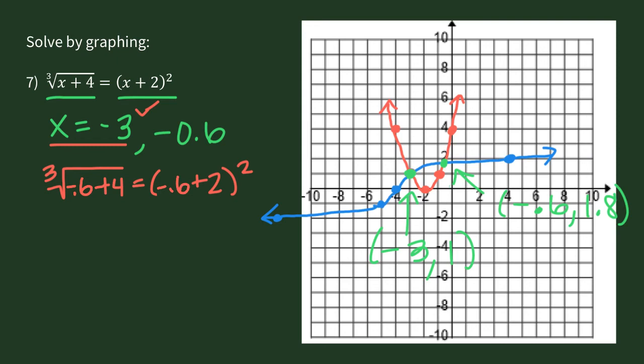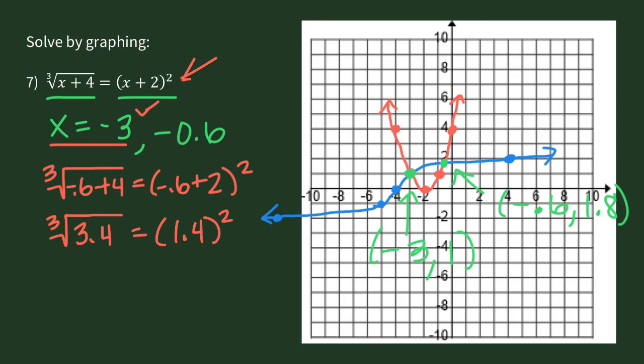Again, we're always going back to the very original equation, and I'm just replacing the x with a -0.6. So I'm going to simplify inside the cube root, -0.6 plus 4. And then on the other side, -0.6 plus 2 is 1.4.